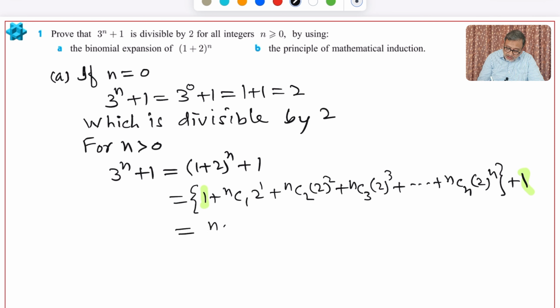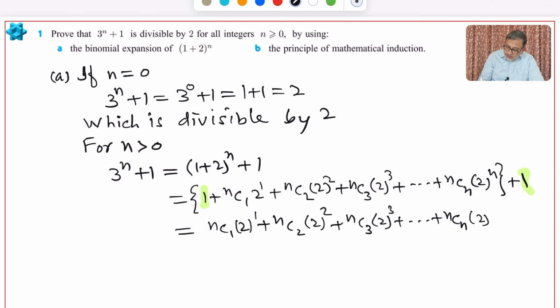So nC1 2 to the power 1, nC2 2 to the power 2, nC3 2 to the power 3, plus so on, nCn 2 to the power n, and plus 2.